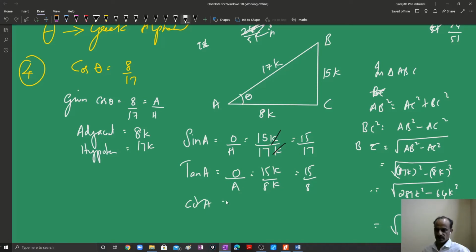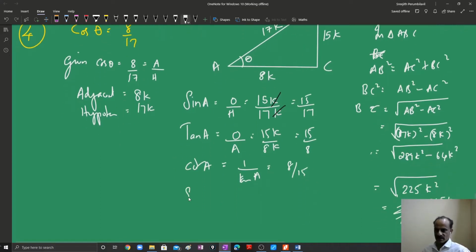Cot A is the reciprocal of tan A, 1 by tan A, that is equal to 8 by 15. And secant, either you write the ratio, hypotenuse by adjacent side, or you can say it is the reciprocal of cos, not A, all of them are theta. 1 by cos theta is 17 by 8.